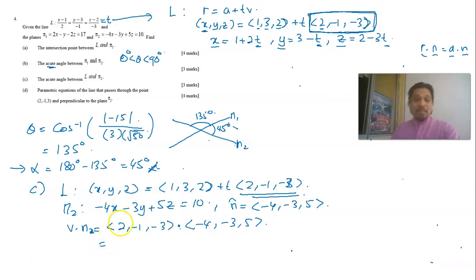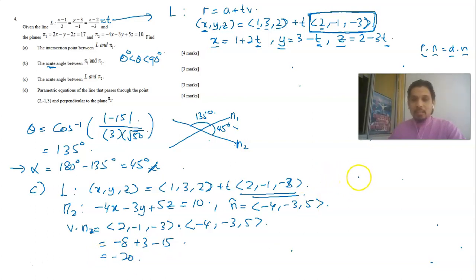Okay. So 2 times -4 equal to -8. -1 times -3 plus 3, and -3 times 5, -15. -8 plus 3, -5. And -15 become -20.